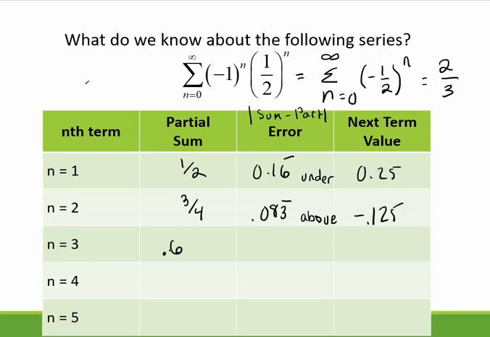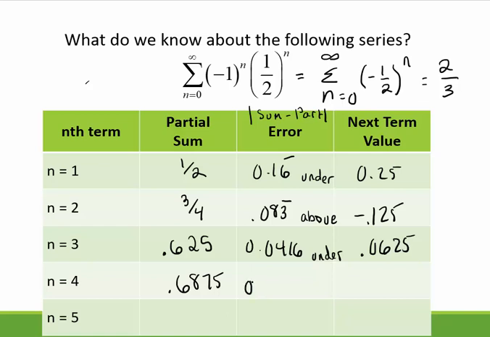Next, 0.625. Our error is 0.0416. Our next term's value is 0.0625. And this is under our approximation. 0.6875 is our next partial sum, with our error being 0.02083.